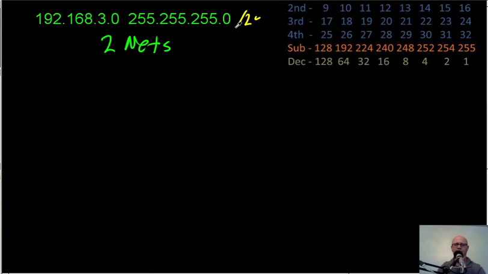The way we do that is we find the first number that is not a 0 going from the right, because remember, a subnet mask is a continuous string of 1s followed by a continuous string of 0s. Has to be continuous. So starting from the right, we find the first octet that does not have a 0 in it. In this case, it's the third octet.